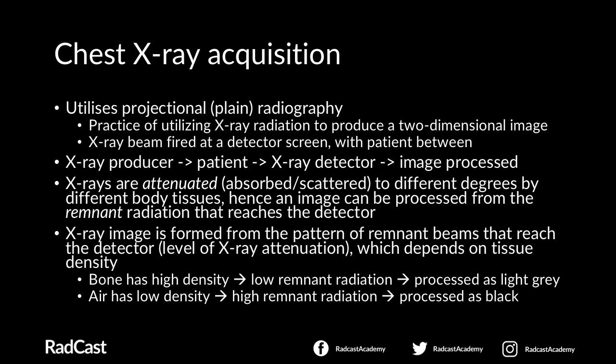So the x-ray detector receives the x-ray radiation as what we'd call remnant radiation, which, if you want to put it in very basic terms, is sort of what is left over from the beam source. And if you put this on a grayscale, low remnant radiation that reaches the detector, passing through high density tissue, is processed as white or light grey on the image, and high remnant radiation, that of a low density tissue that it passes through, is processed as dark grey or black.